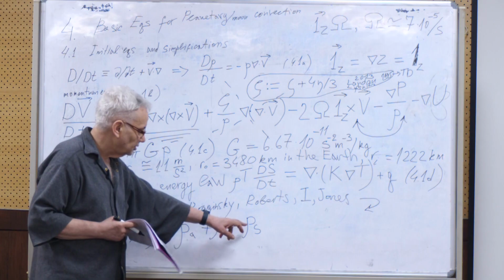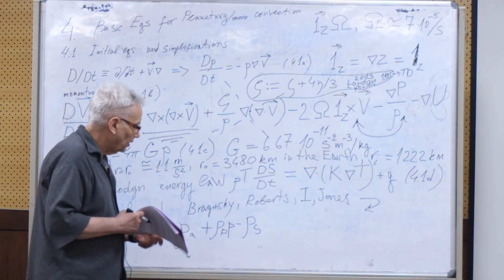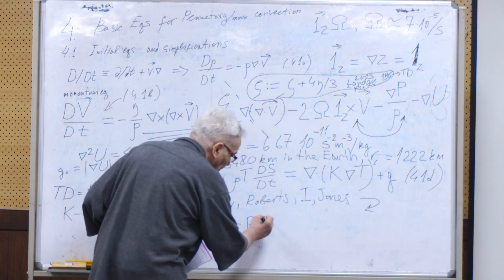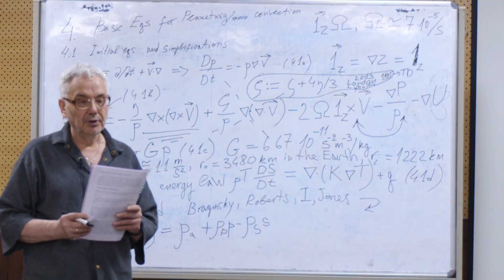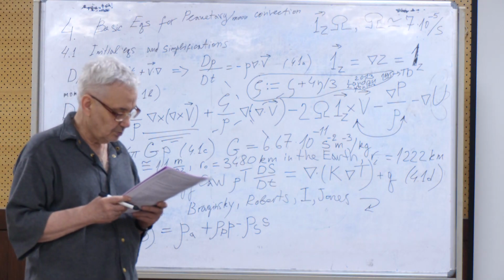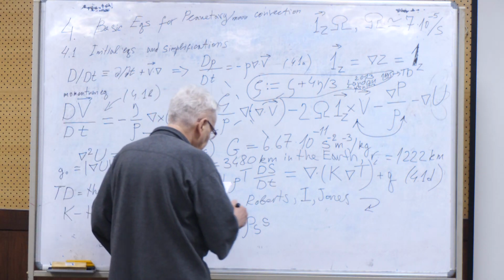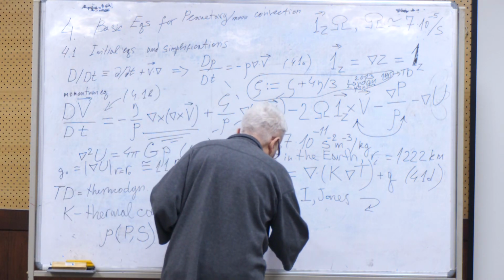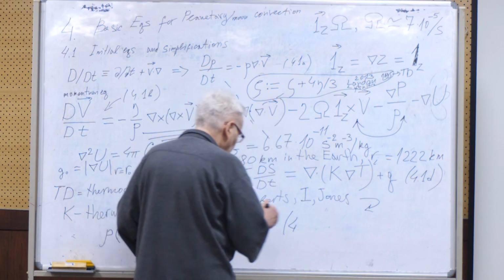So we have rho with index S, which is also very well defined. And here we have small s, which is just variation from the adiabatic states. And this constitutes the formula 4.1e.